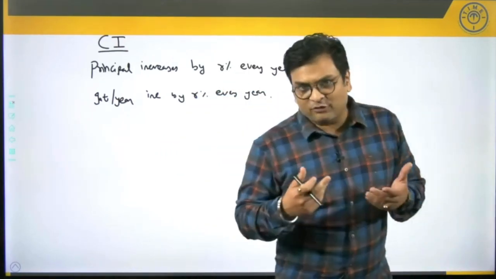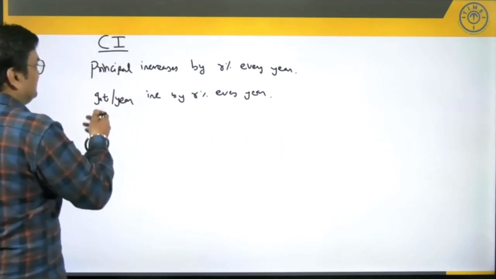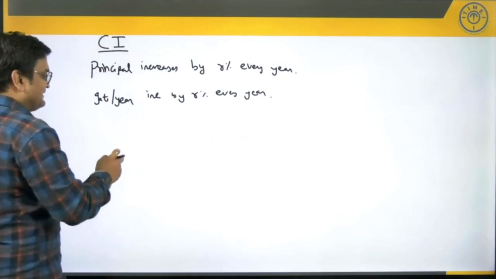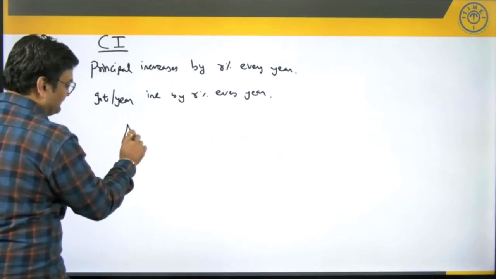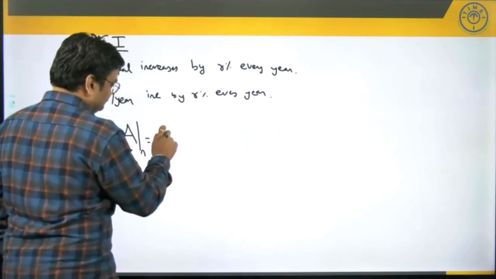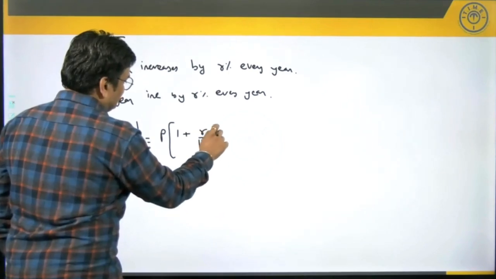So there are some formulae that we can try to discuss here. For example, there is no direct formula for finding out the accumulated interest in CI. We have a formula only for the final amount. So the final amount after n years is equal to P into (1 plus R by 100) whole to the power n.